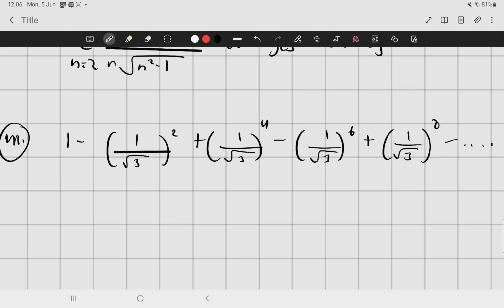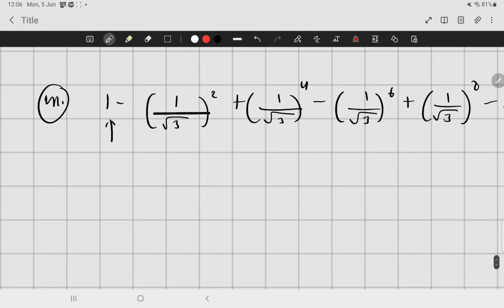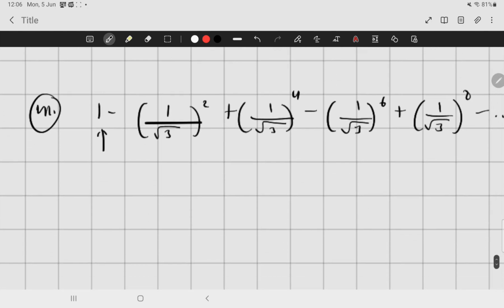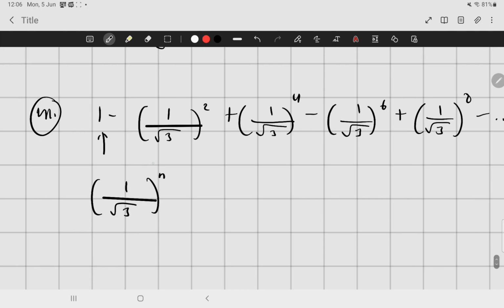Now, I would like to express this as a series because they want me to know whether it converges or diverges. So this is our first term. For our first term to be 1, it has to be power of 0, so negative 1 to the power of n.